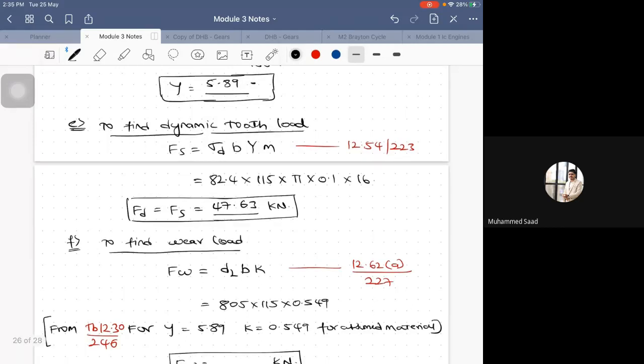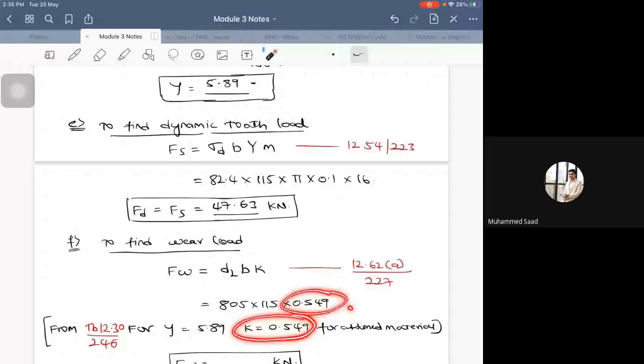Just check this value. Is the value of this factor I have picked up from the table right?